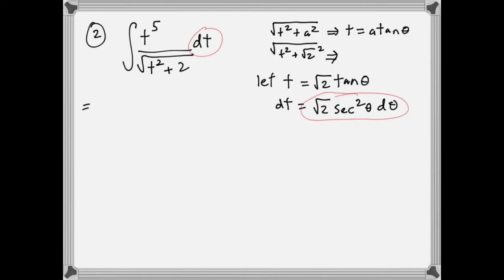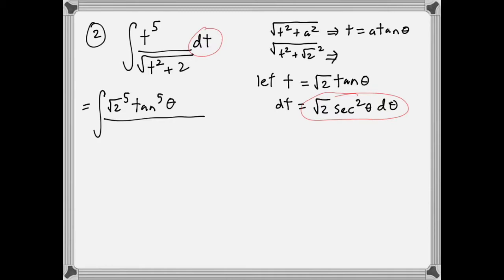So let's see what we end up with after our transformation here. If we raise t to the 5th power, what do we get? What's the square root of 2 to the 5th power? Well, you know what? I'm just going to write it this way for now. I will tell you guys what we get in a second, okay? So we get square root of 2 to the 5th power, tangent to the 5th power.